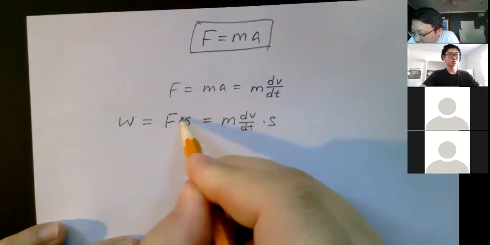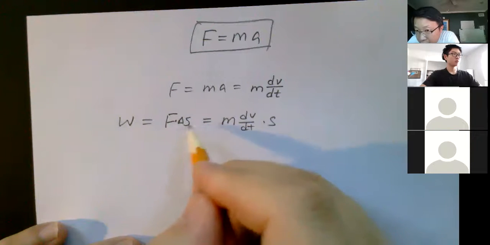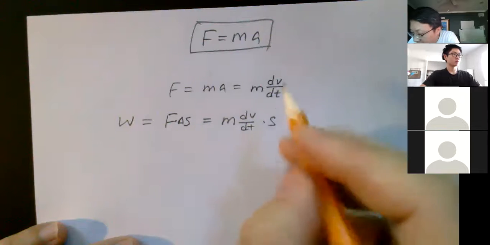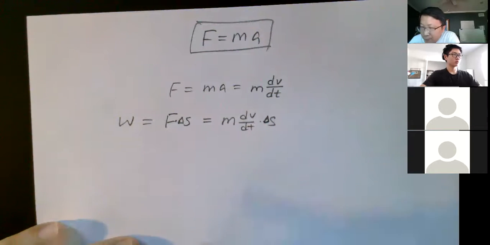Oh, actually, we should say F times delta S, because it's the change of the distance. So this is delta S, delta X, right?